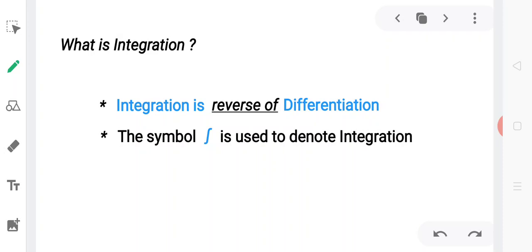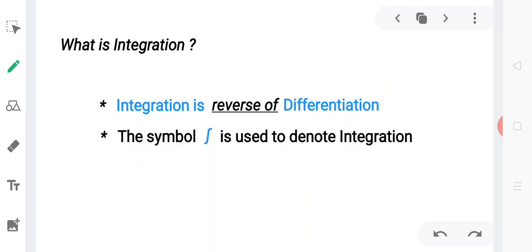In fact, the result that we obtain after differentiation, if we integrate that result, we will get back the original function. That is the meaning of this statement. Whenever we differentiate any function, we obtain the differential coefficient. Now, if we integrate that differential coefficient, we can get back the original function.